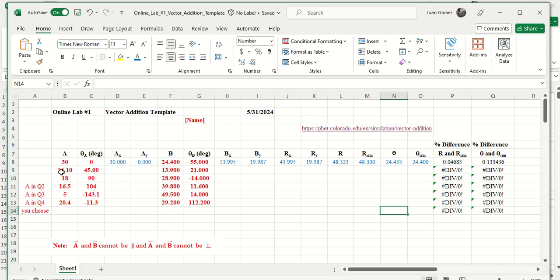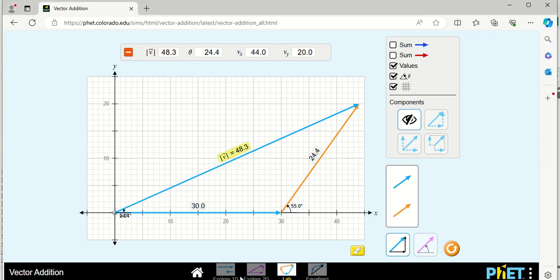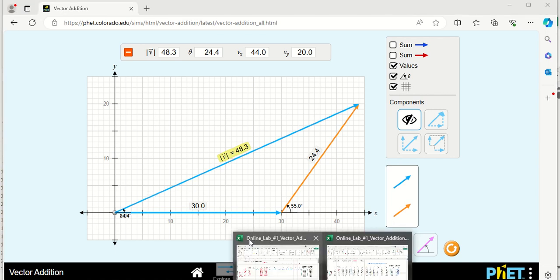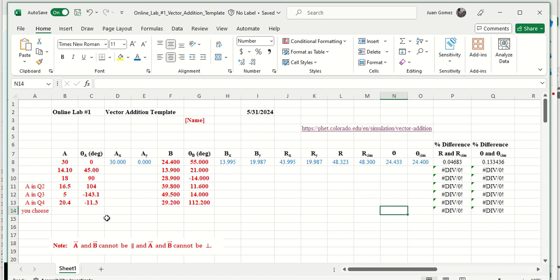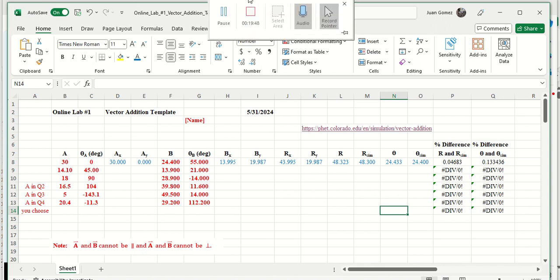And like I said, you're just doing the same thing 1, 2, 3, 4, 5, 6, 7 times. And it's just to give you a good introduction into vectors. And like I said, for the very last one, you can choose any A and any B you want, other than they can't be parallel or perpendicular. Alrighty, let me go ahead and get this video saved and get it posted.